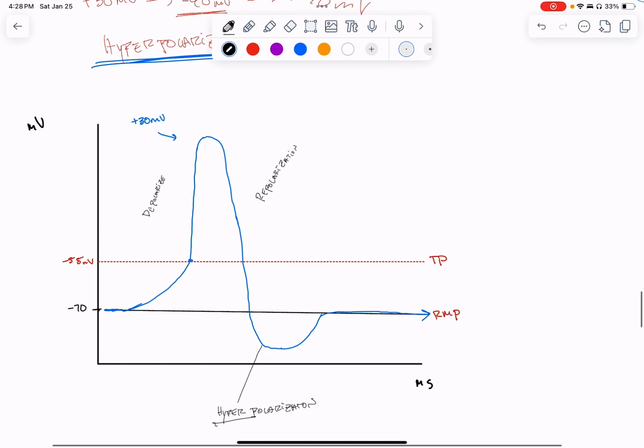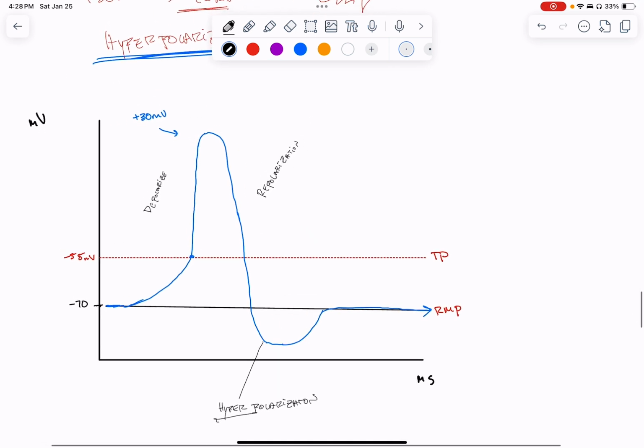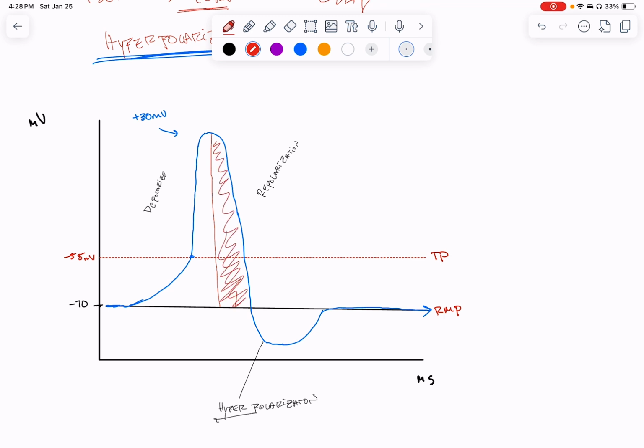And so what we're going to see here is there's a few other areas that we have to talk about. Number one is, if we were to draw a line right here, this area right here is called our absolute refractory period.